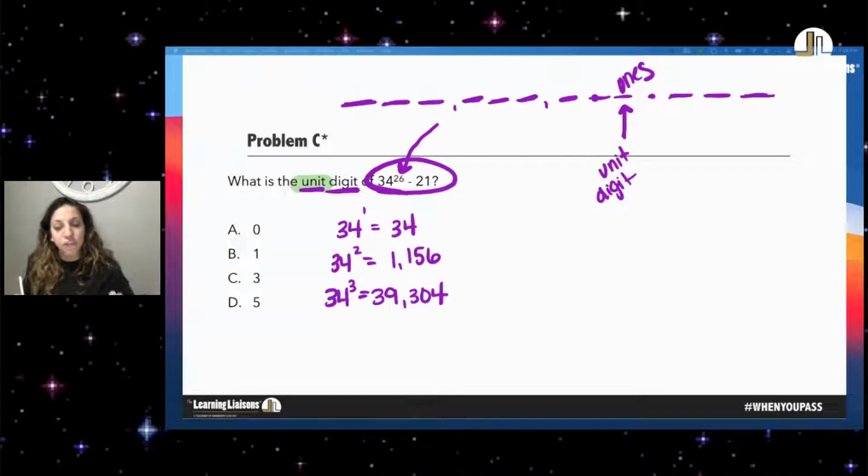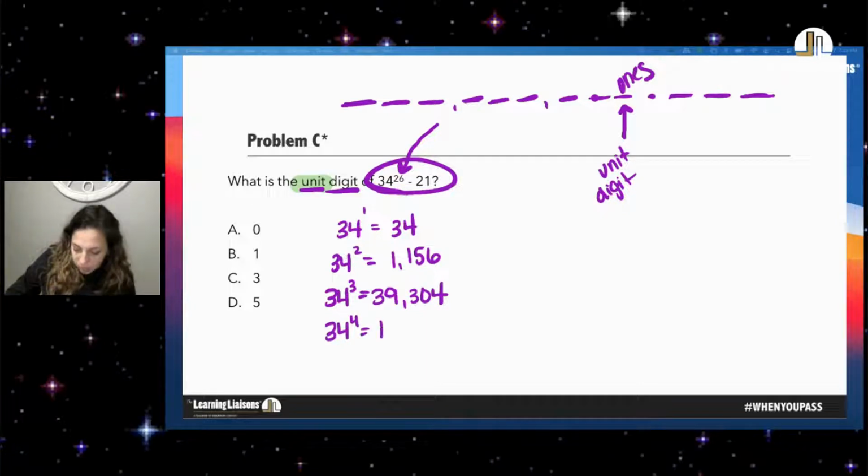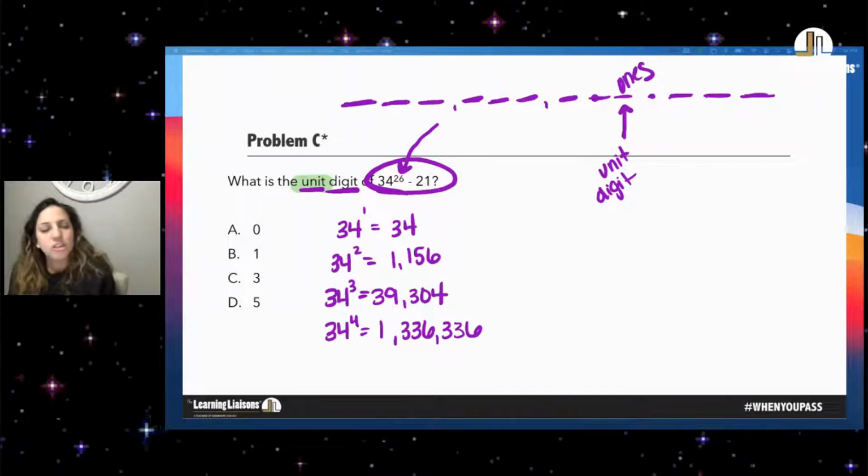If I have it to the fourth power, I get 1,336,336. Do you notice a pattern happening yet? I see a pattern. Let's do one more just in case.